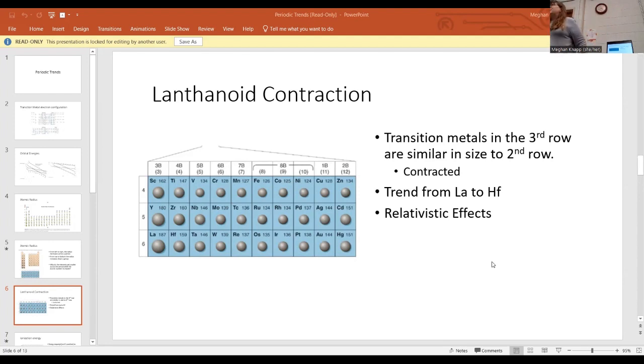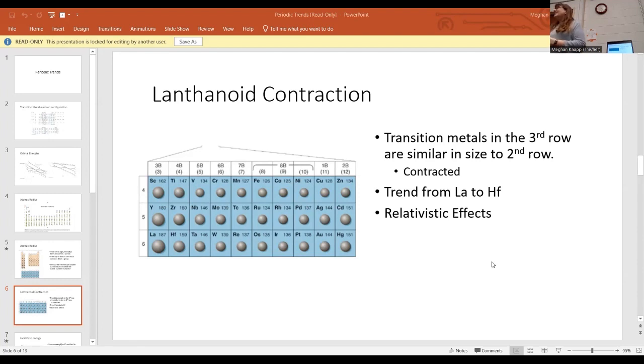As we can see here, the trend of getting smaller going across isn't exactly steady within the transition elements, and that's true of the lanthanoids as well. So osmium being the smallest in the middle doesn't really hold to that trend. So that's not an entirely satisfying explanation.